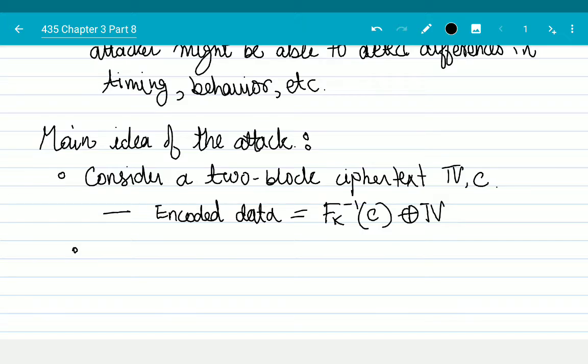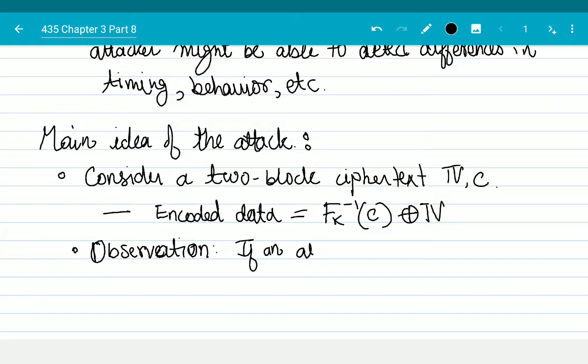Okay. Now here's what you should note. Observation. If I change one of the bits of the initialization vector, suppose the ith bit, then it's going to change exactly only the ith bit of the encoded data.